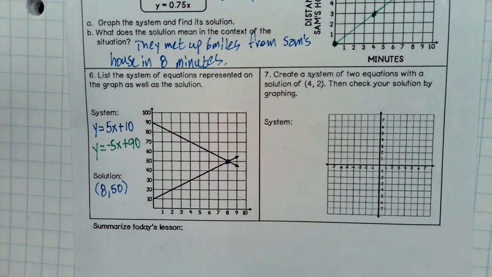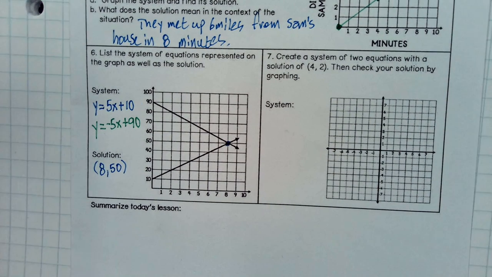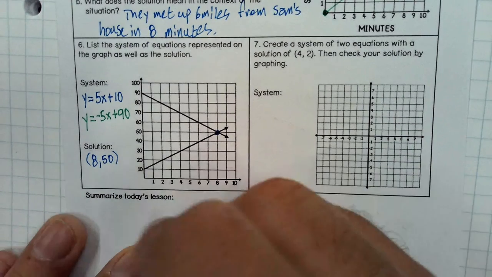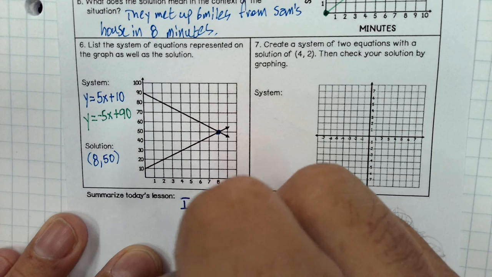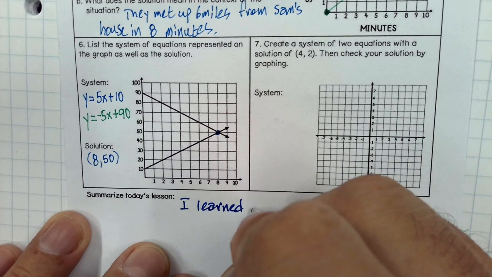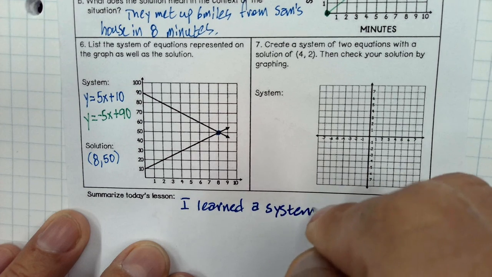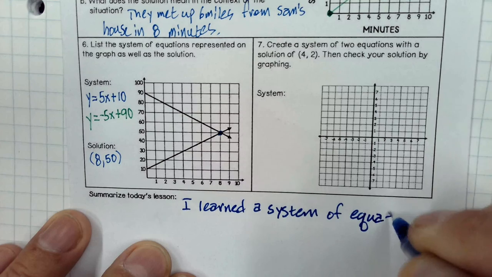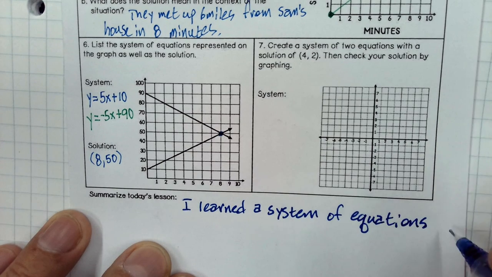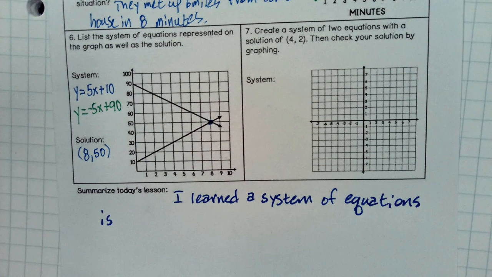Okay, so for the last part, summarize today's lesson. I want you to finish this sentence. I learned a system of equations is, well, let's kind of throw out some ideas.